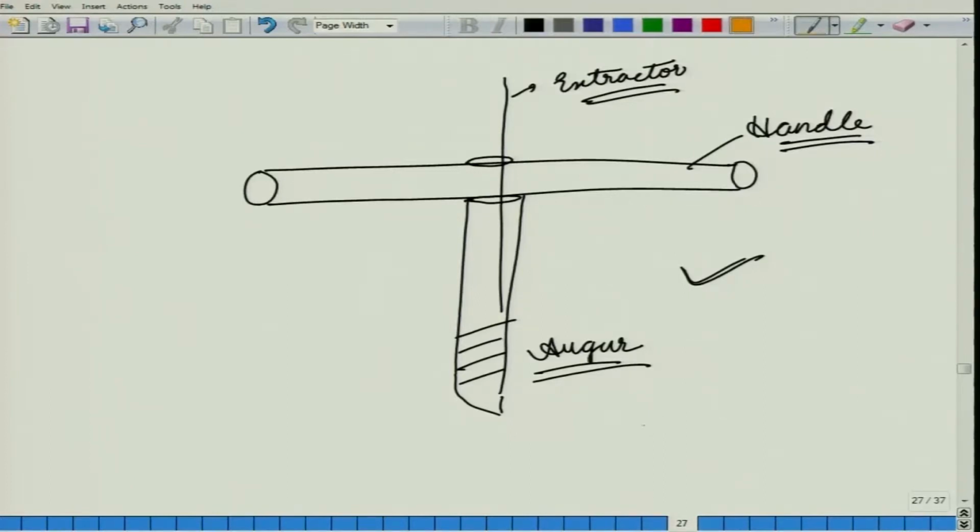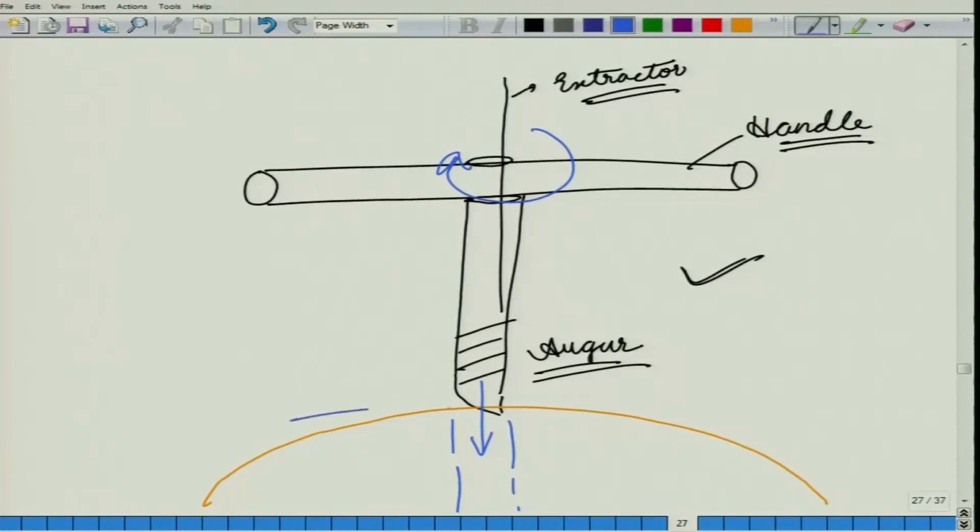Then you turn your instrument so that your auger is able to go inside. This is the direction of the auger. After a while your auger would be inside, and your handle would be somewhere like here, depending on the depth you wanted to go inside the tree.